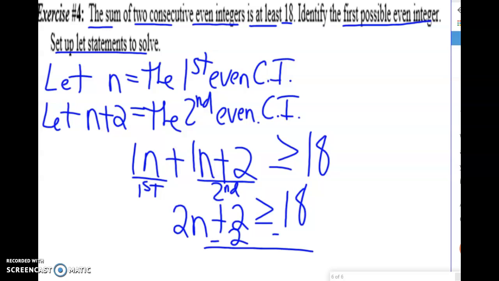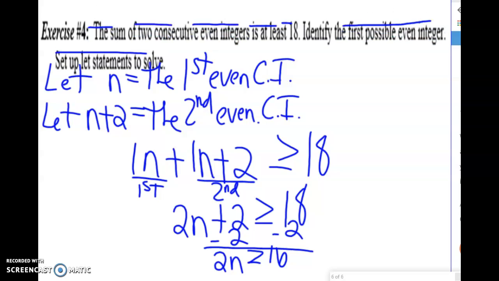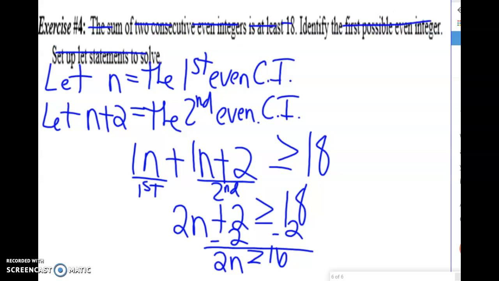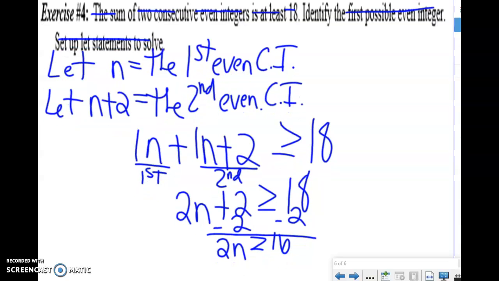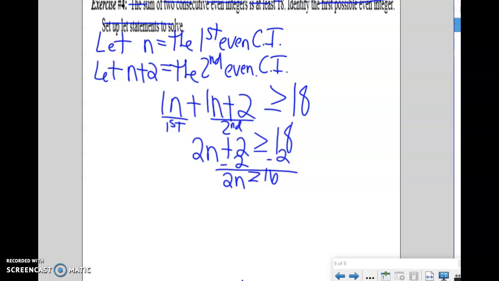We're going to subtract 2 on both sides. 2n greater than or equal to 16. And then I want to divide by 2 on both sides. So if I do that, I'll end up with n being greater than or equal to 8.